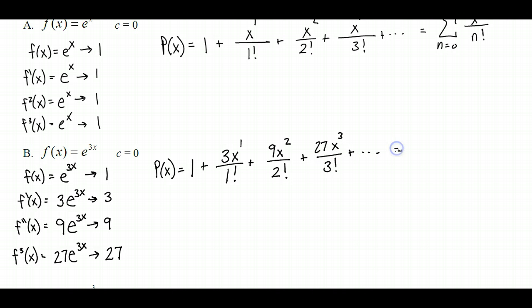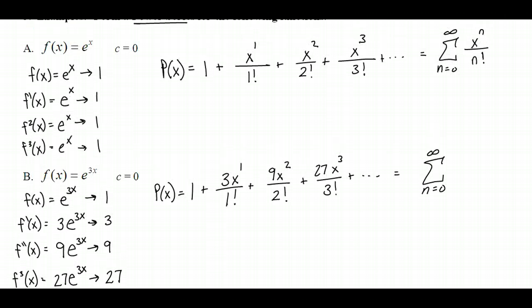Well, now if I want to write this as a power series, my power series doesn't really change that much from the first one that I did up here in A. So there's not too much change from this. I still have the denominator is definitely still going to be n factorial. And in the numerator, we still have x to the power of 1, x squared, x cubed. And then how do we go from 3 to 9 to 27? Well, if we look back, we know that we kept multiplying by 3.